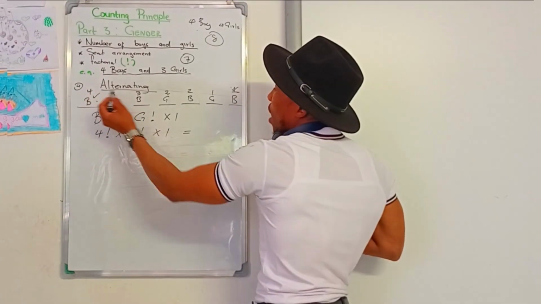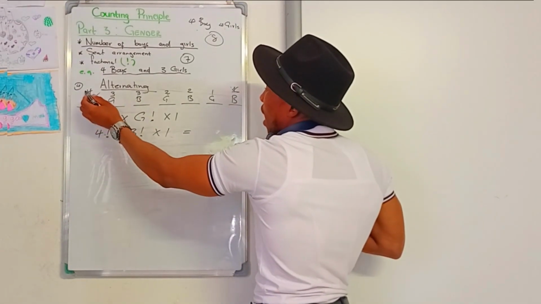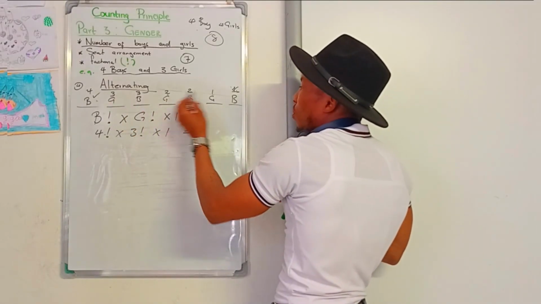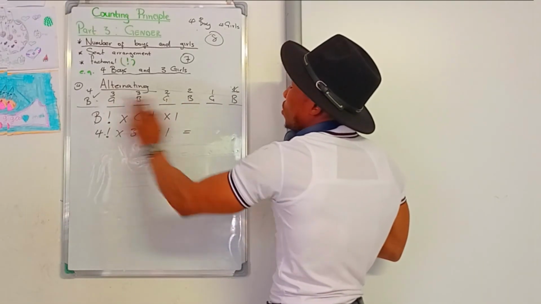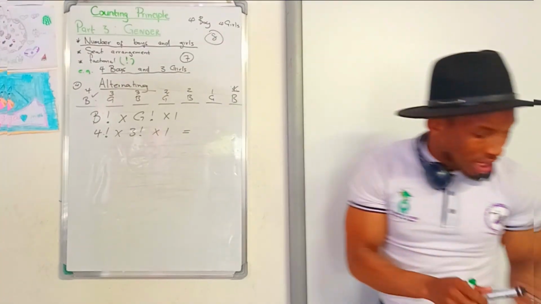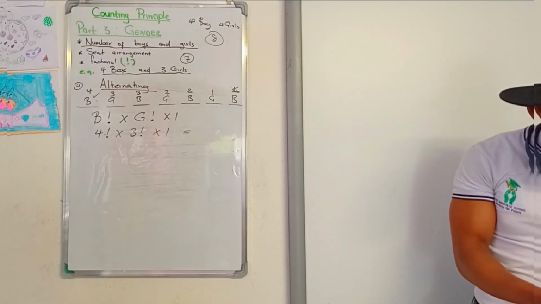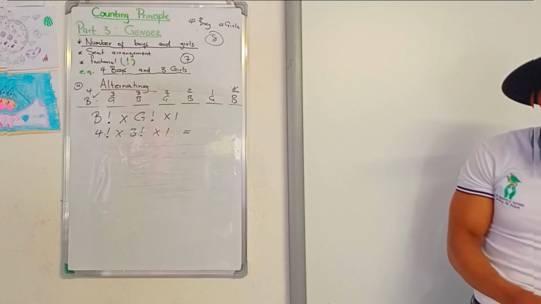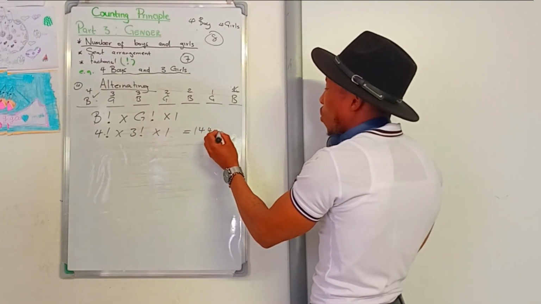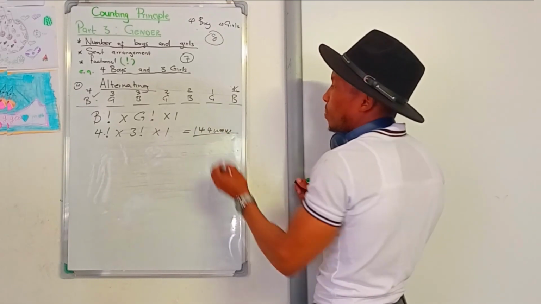That's why we have 4 factorial for boys and 3 factorial for girls, happening on this seat arrangement. Then you punch your calculator and you get 144. It is 144 ways of arrangement.